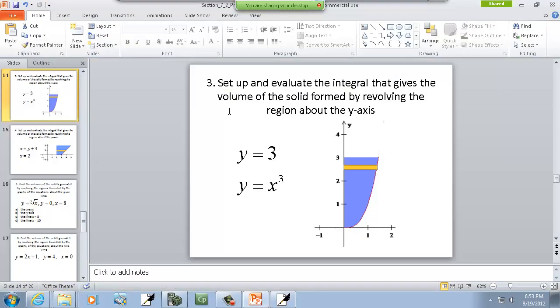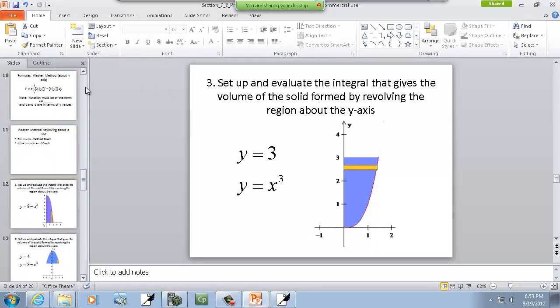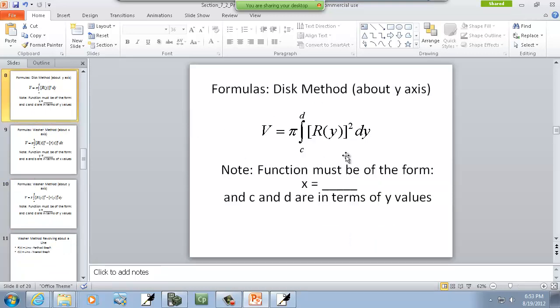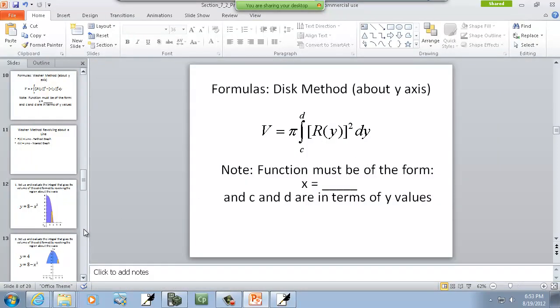Now let me go double check that. There it is. C and D, r of y squared dy. And that's about the y-axis.